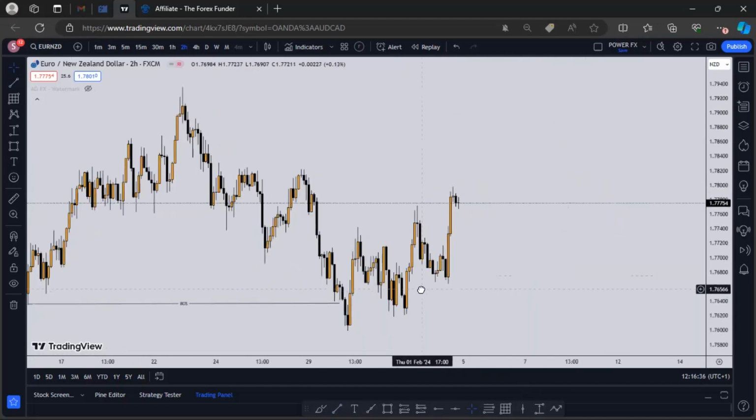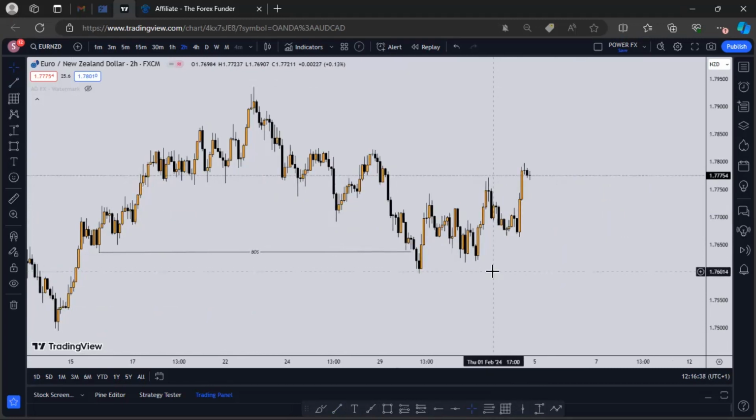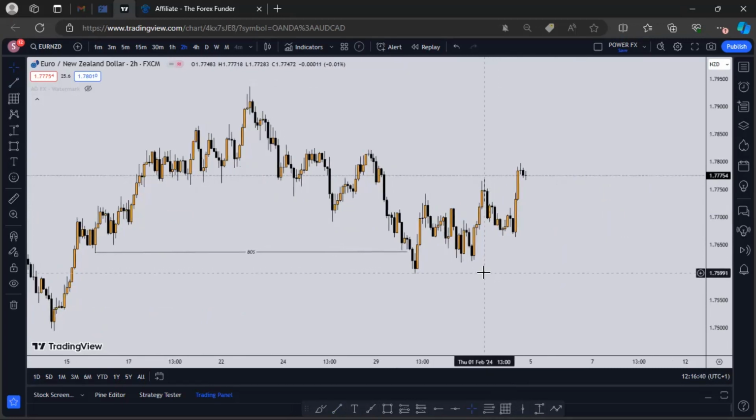So this is where it gets tricky: how to spot your order block, supply zone, or demand zone. So this was actually a zone causing this break of structure. Let me mark it out for you guys. This was a structural low that was broken.